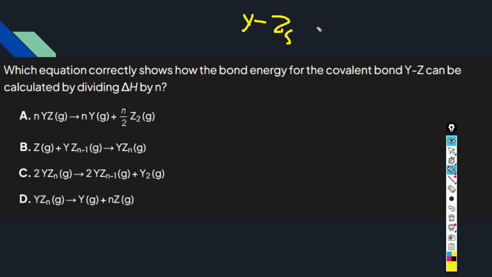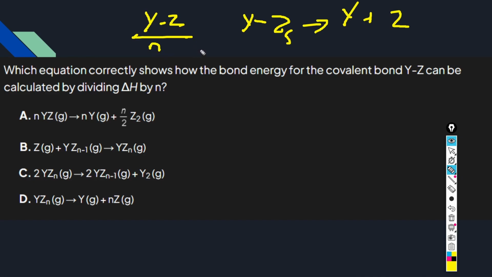If I broke this and decomposed this, I would simply get Y and then Z, right? And the amount of energy to break one bond of this, we can consider as the Y-Z bond energy divided by N, correct?